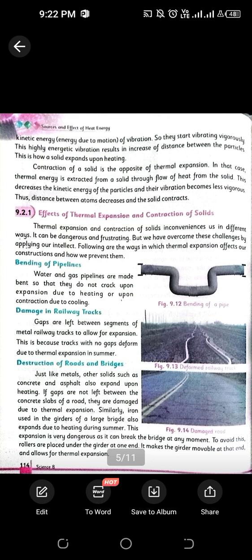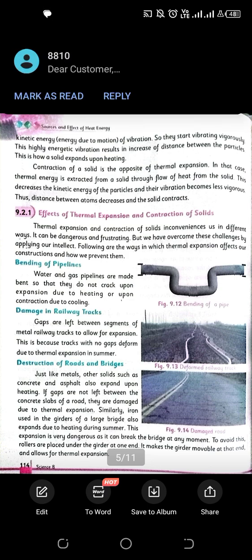And what is the meaning of contraction? Contraction resembles squeezing something. It means the distance between the particles becomes less, a decrease in size and in the space between the particles.